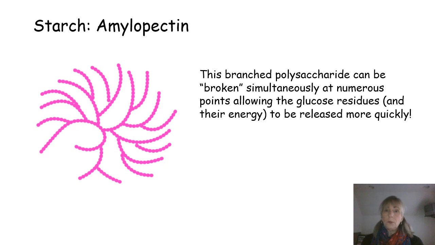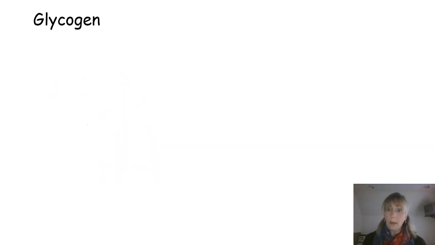This branched polysaccharide is a little bit easier to break down because we can break it down simultaneously at numerous points, and that allows the glucose residues and the energy they contain to be released a whole lot more quickly.